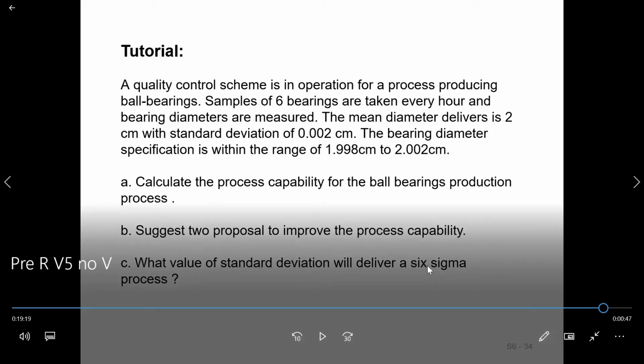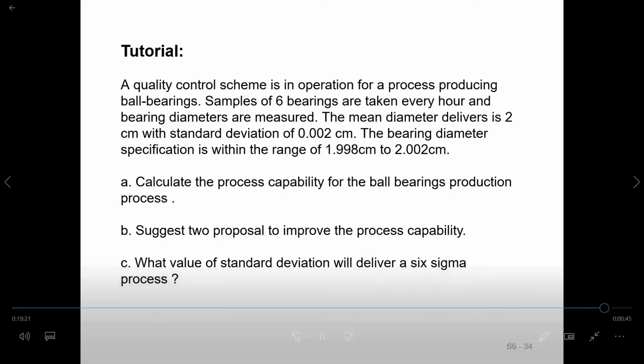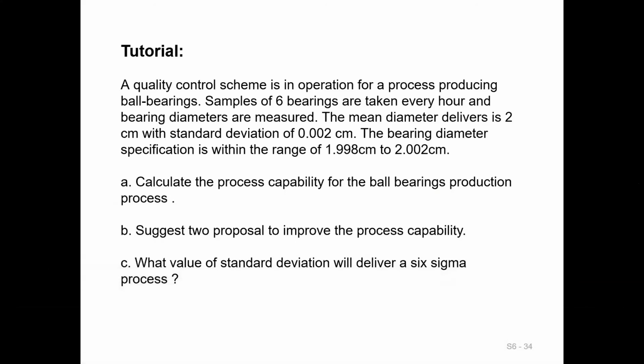All right, so this will be the last slide that you need to do a tutorial for. These tutorials, I think, are quite straightforward. If you understand what I explained earlier, you should be able to do this. The tutorial requires you to calculate the process capability for the ball bearing production process.